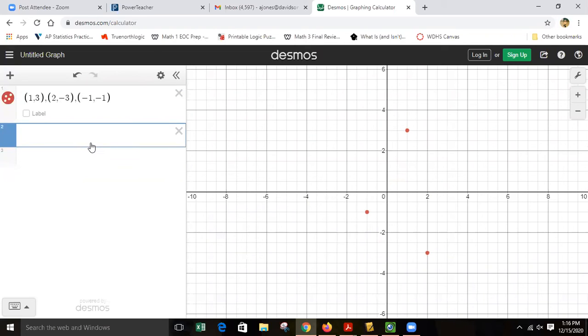All right, so remember to find how far apart they are, it's called the distance of the points. So we have to find all 3 distances so that we can get the perimeter. So the first distance is going to be between 1, 3 and -1, 1. So remember, we type in distance, and we're going to do 1, 3 and -1, -1. And that one is 4.47. So I'm going to write that down, 4.472.